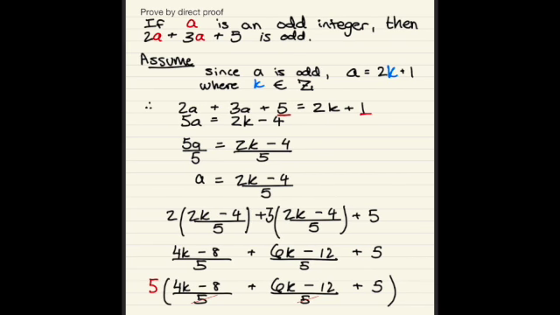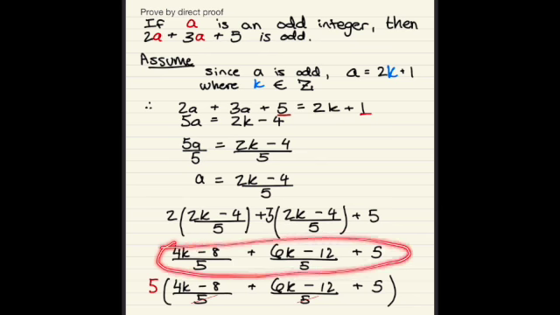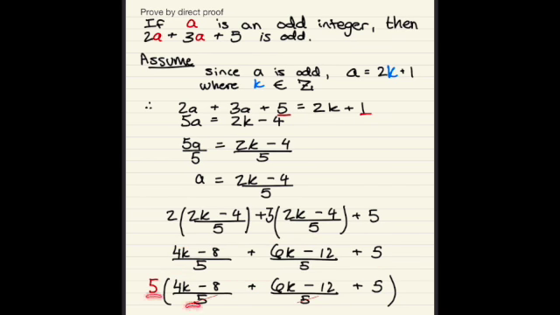And just to clean this up, we're going to multiply all of this by 5, and these 5s will cancel, leaving us with 4k minus 8 plus 6k minus 12 plus 25.